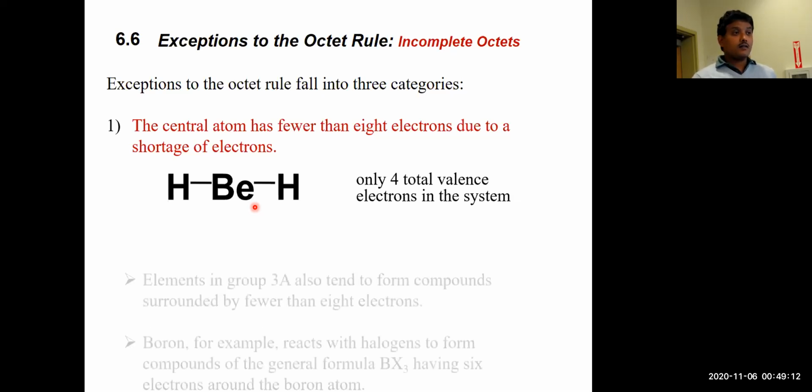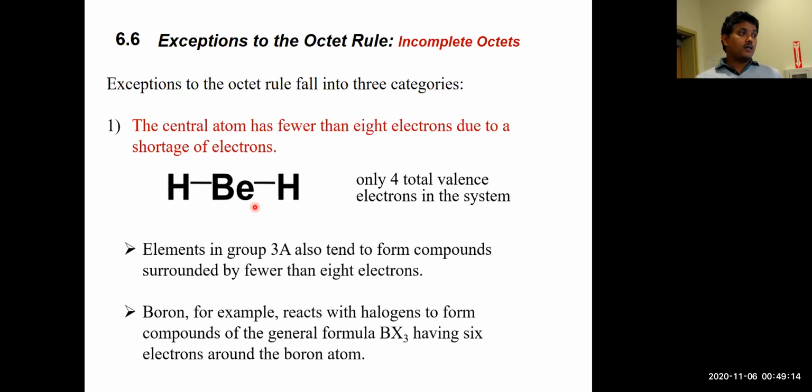Another popular example is an element from group 3A, boron. Most specifically, boron most popularly cannot have 8 electrons. The maximum it can have is 6, because boron has 3 valence electrons, being from group 3. When it makes 3 bonds, it will have a maximum of 6 electrons, so it is short by 2 electrons.